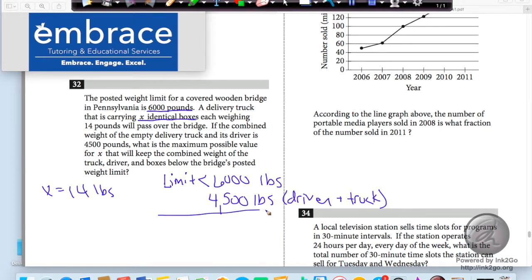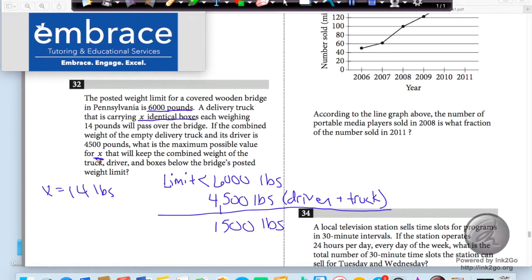And if I were to subtract these out, most likely they're going to ask me how many boxes can I fit within this amount of pounds. So I'm going to keep reading on just to kind of clarify. It says that the combined weight of the empty delivery truck and its driver is 4,500 pounds. What is the maximum possible value for X?